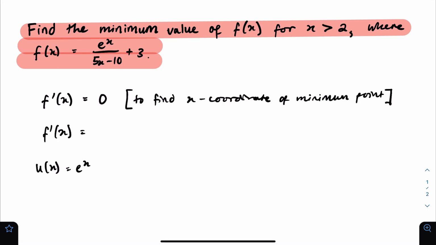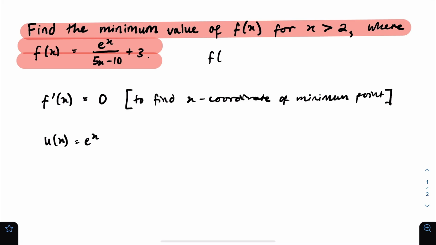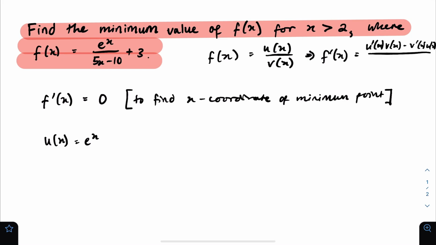If we have the function f of x equal to u of x over v of x, then we know that the derivative must be equal to the derivative of u of x times v of x minus the derivative of v of x times u of x, divided by v of x squared. That's the derivative.